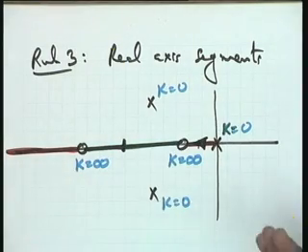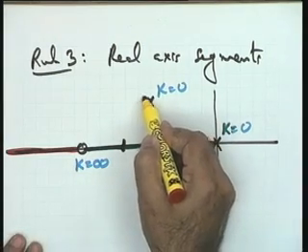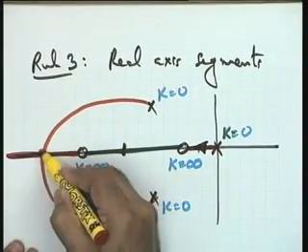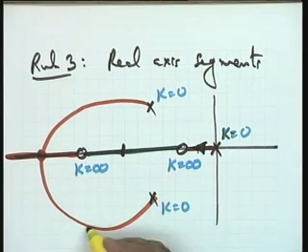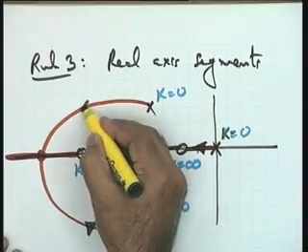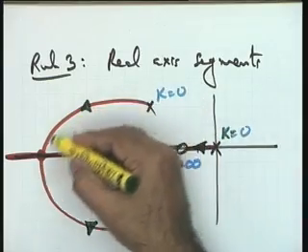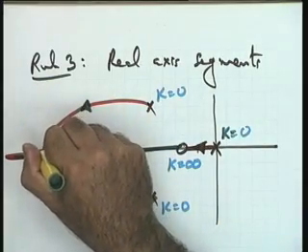In this particular case, the root locus plot will appear like this. The branches will start from here, go this way and break off at this particular point. The rules have yet to come. But k equal to 0 is the root starting point, and it is going this way. Another branch, because every branch starts at k equal to 0, goes this way. When the two branches meet, it corresponds to a multiple root, as you know.